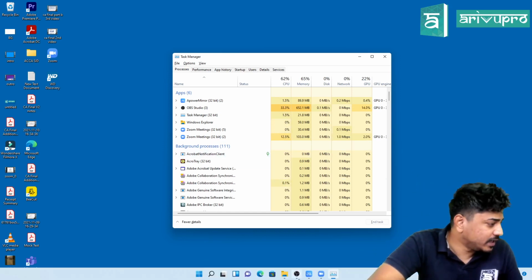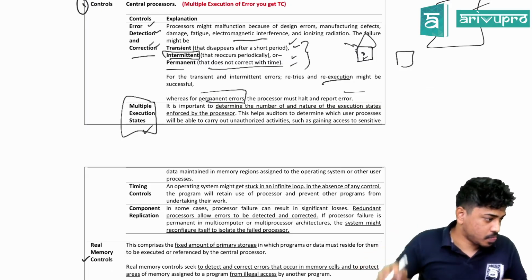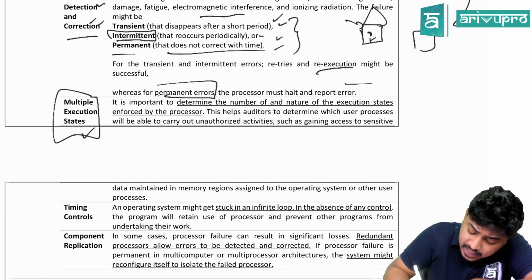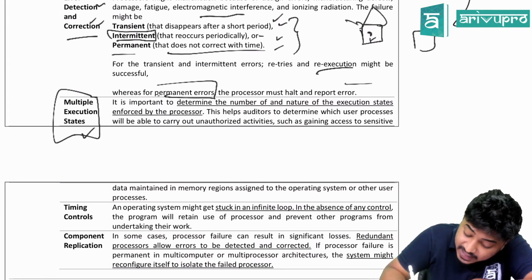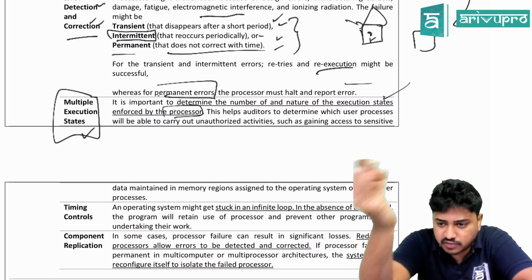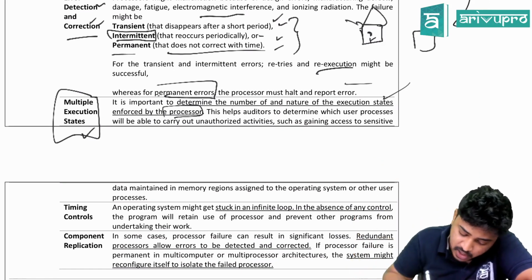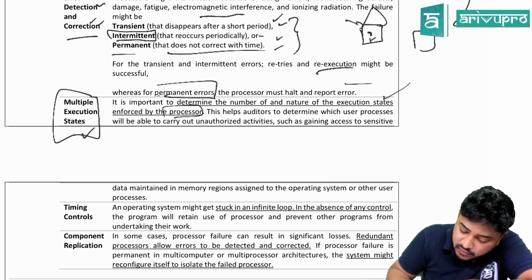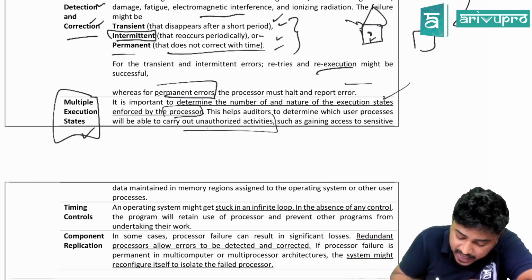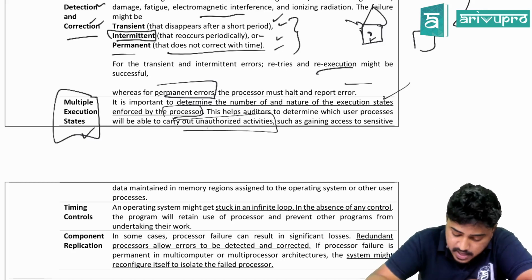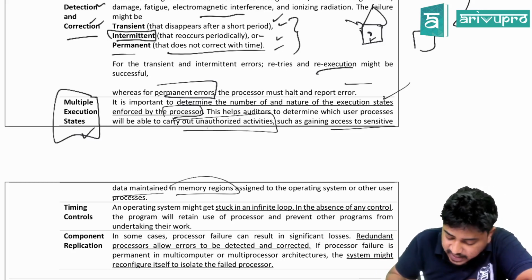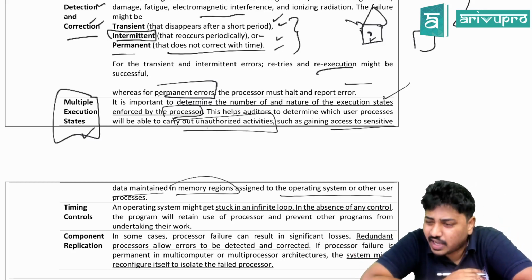Are we clear? Now we'll read it and then try to understand. It's important to determine the number and nature of execution states enforced by the processor. What is the nature of the program? What is the number of programs? This helps the auditor to determine which user processes will be able to carry out unauthorized activities, such as gaining access to sensitive data maintained in the memory region assigned to the operating system or any other processor.